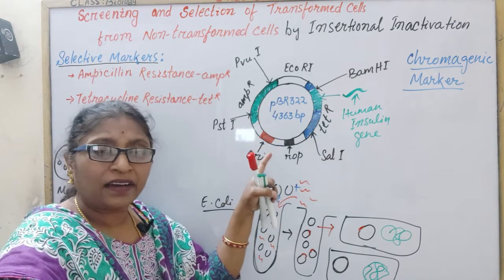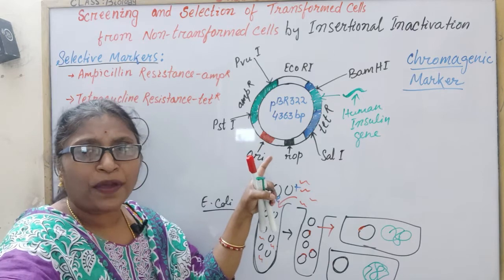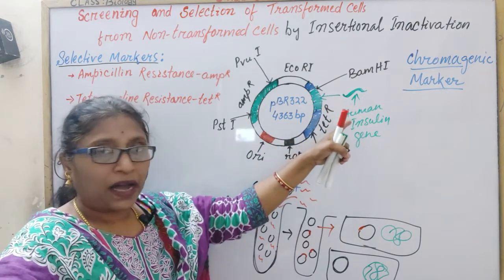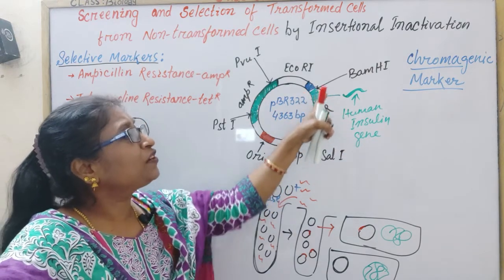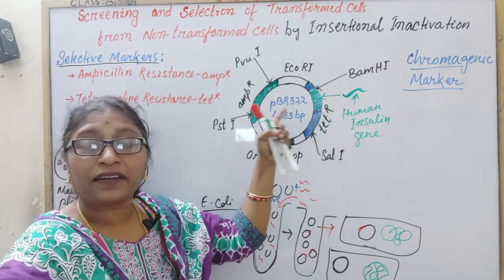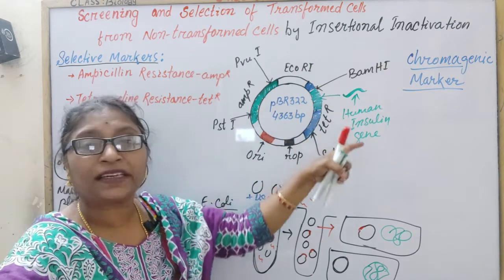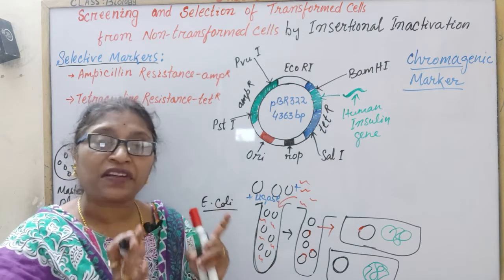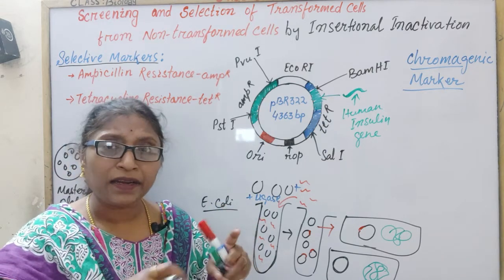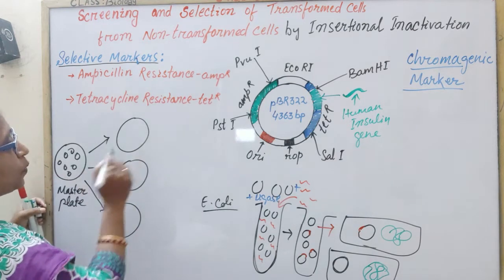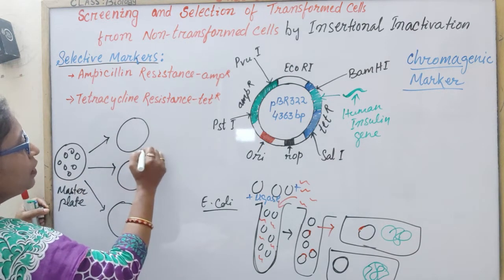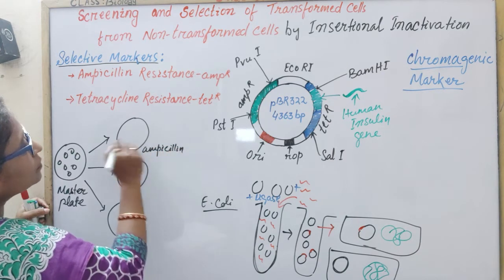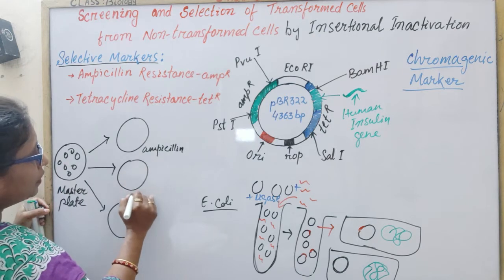They can show the resistance and survive in that. But when our desired gene, the human insulin gene, is inserted into the TetR, the tetracycline resistance gene becomes inactive. So the transformed ones cannot survive in tetracycline medium. Suppose here in this tray ampicillin is treated, here tetracycline.